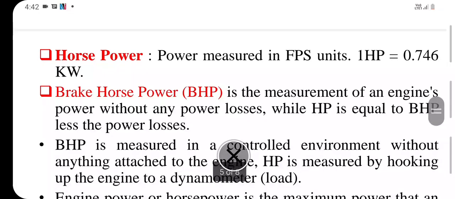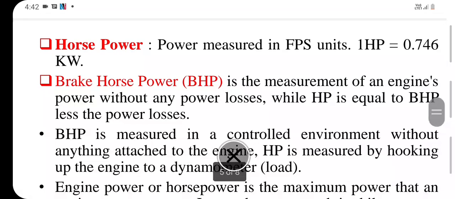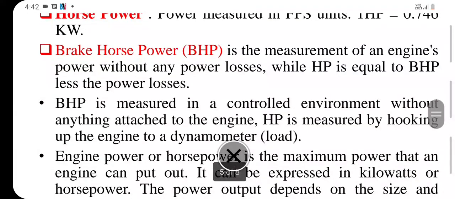Next, horsepower, HP. This is one of the important specifications of an engine. The power is measured in FPS units; 1 HP is equal to 0.746 kilowatt. Some manufacturers give the specification in HP. Next, brake horsepower, BHP.